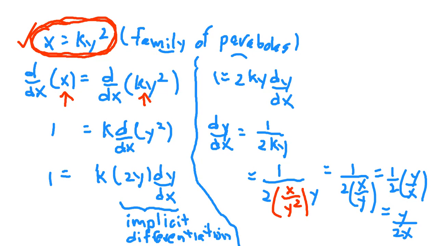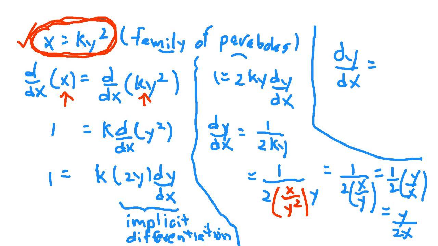So for all the parabolas, the derivative of y with respect to x is equal to y divided by 2x, and we're going to make use of that. Remember what this is. This is a slope.